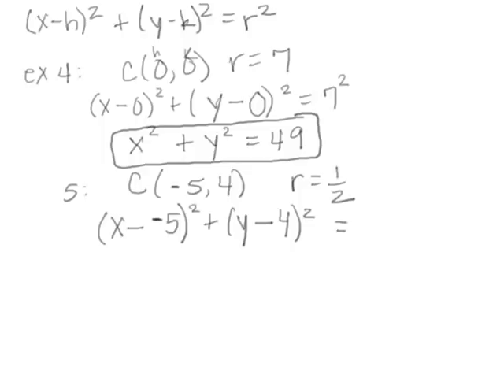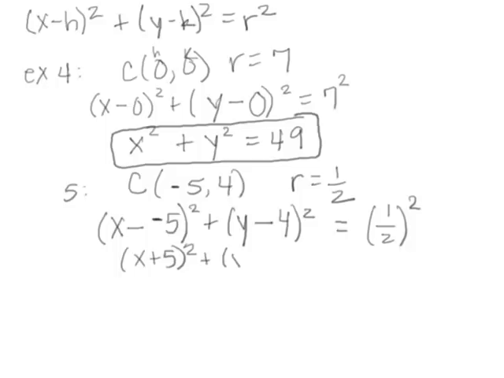We'll square it will equal r. R must also be squared, so 1/2 squared. Let's be careful. Minus a negative, this will become a positive. Just as we said before, it'll be opposite of what you see in the center. So it's negative in the center here, and it's going to be positive inside of the actual equation.